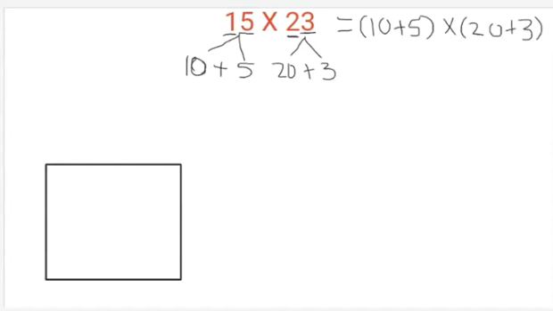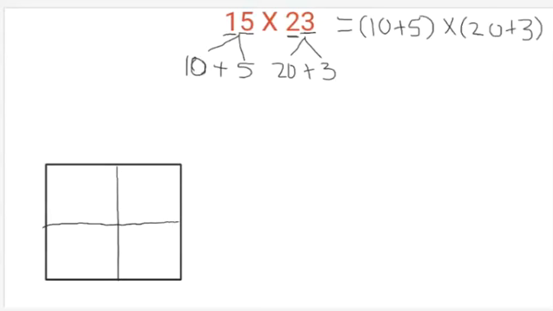So I have 10 and 5, 20 and 3. So those are the 4 numbers that we have. So when we're creating our area model, we want to make sure that we create 4 squares. So I'm going to create a vertical line, and that gives us 2 squares, but we need 2 more. So I'm also going to create a horizontal line. So that way we have 4 different squares that we can see.